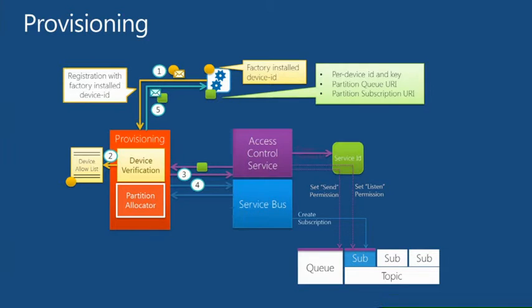And we'll set a listen permission onto the subscription so that the device can listen on that subscription. Only that device will be able to listen on that particular subscription with those rights, or an administrator will be able to. So that's the provisioning step, and once you've done that, now you have a device and you have a configuration package. You can give that to that device, and now the device can uniquely go and talk to it.